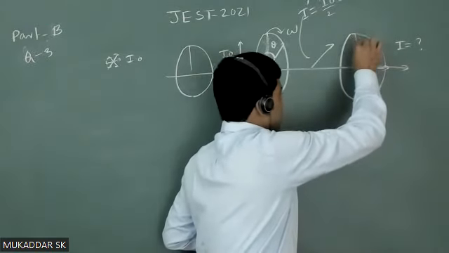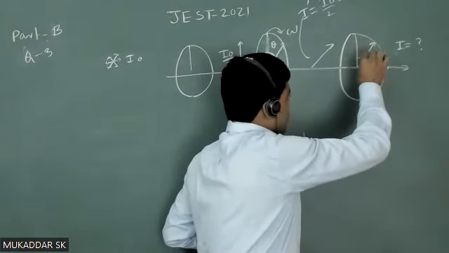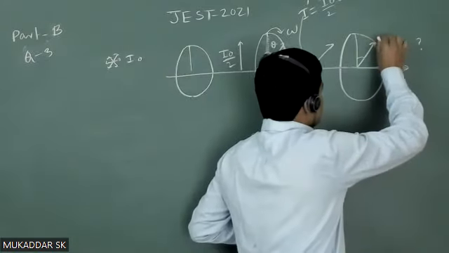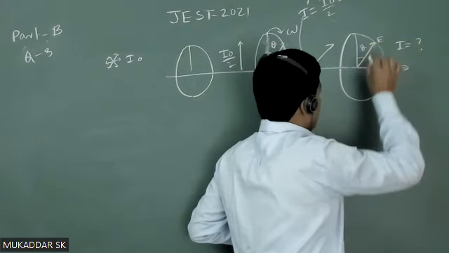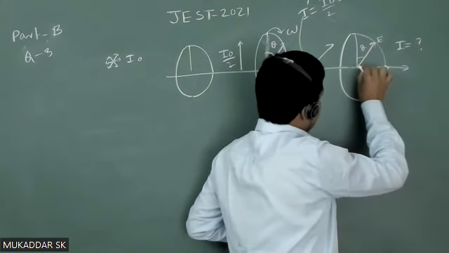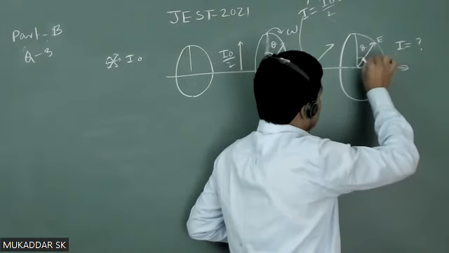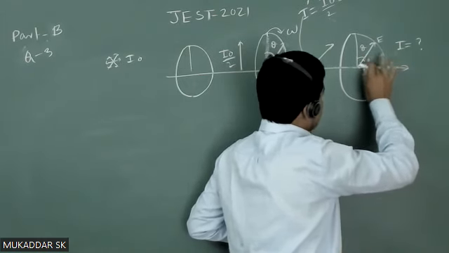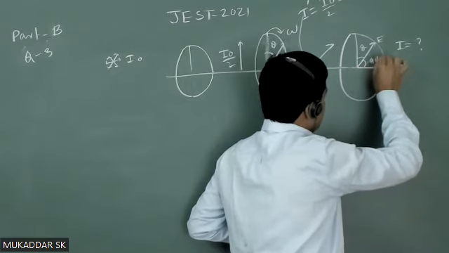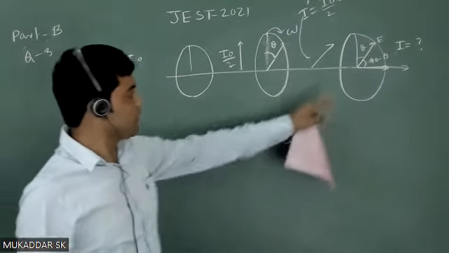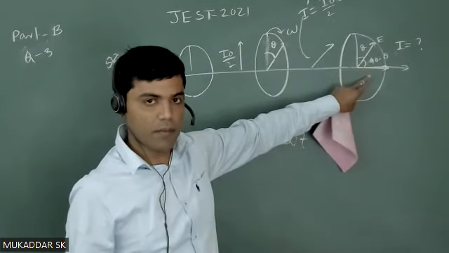The angle between the vertical axis and the electric field oscillation is theta, so the angle between the pass axis of this polarizer and the electric field will be 90 minus theta, because this angle is 90 degrees.